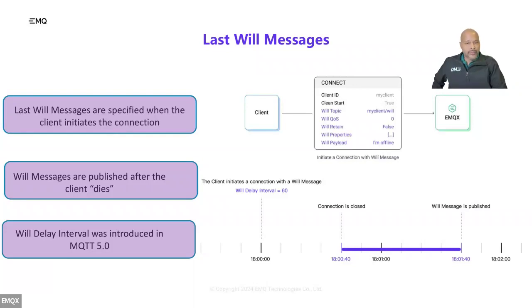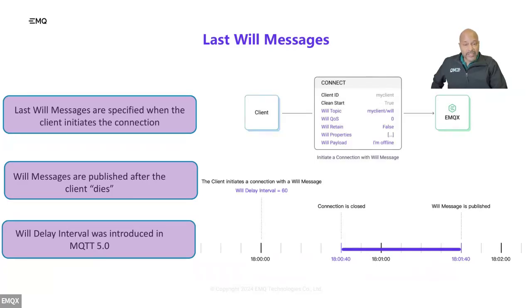For example, the client ID, if a clean start is required, and the will payload: what do I want to say if I'm disconnected? That could be as simple as, hey, I'm offline. And that gives us the ability to react to that. It may be as simple as turning the status of a bulb from green to red when a client goes from online to offline.